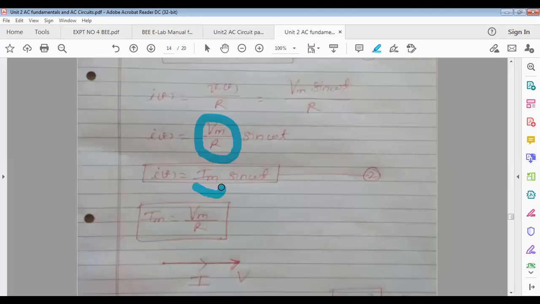Im, the maximum current. If I say Vrms by R, then it will be Irms. If I say Vm by R, then it will be Im. So the instantaneous current equation after simplification is i(t) = Im sin(ωt), the second equation.